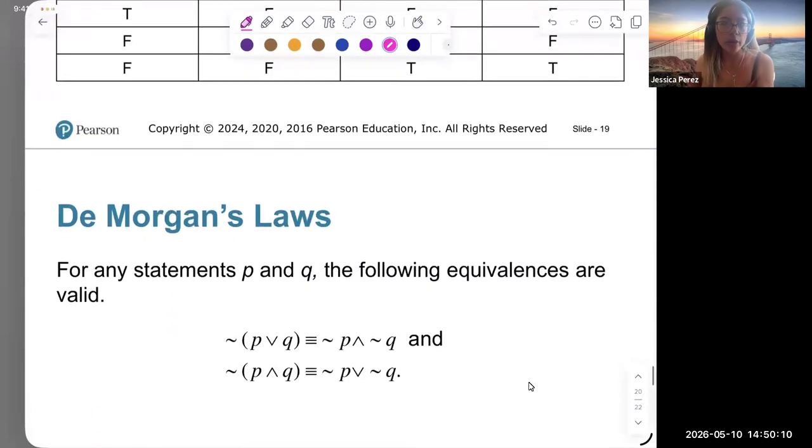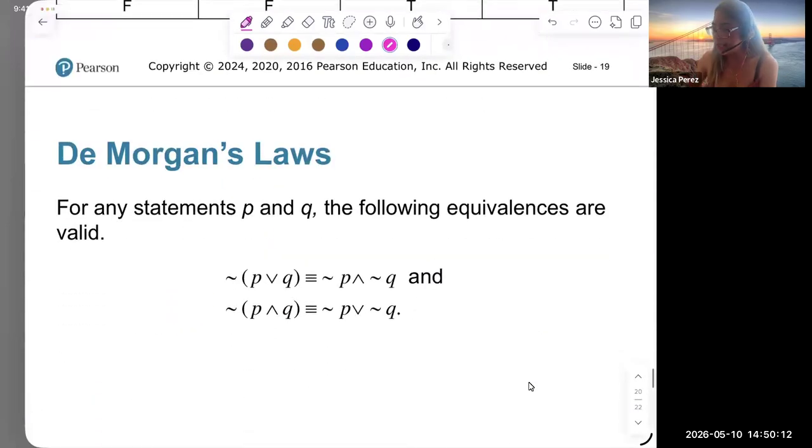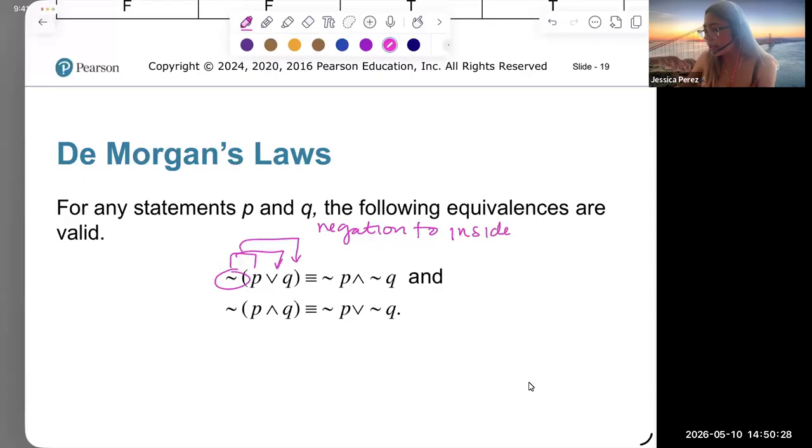Let's look at De Morgan's law. De Morgan's law is as if you were distributing this negation. So for any statements P and Q, the following equivalences are valid. When you have De Morgan's, you're distributing the negation to the inside of the parentheses.